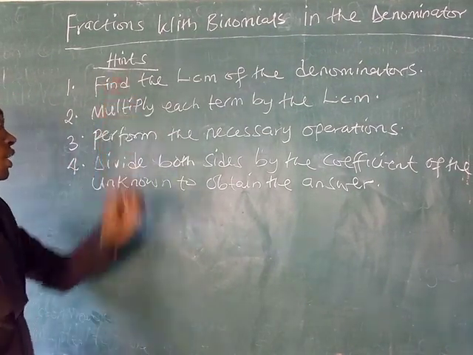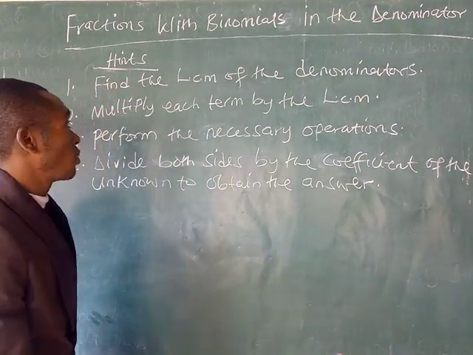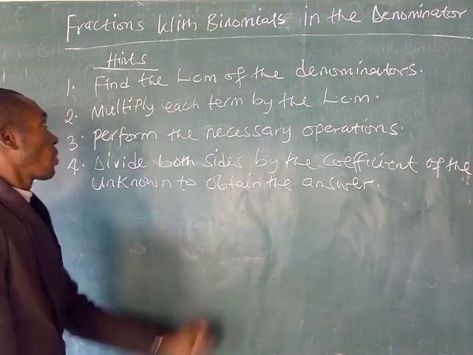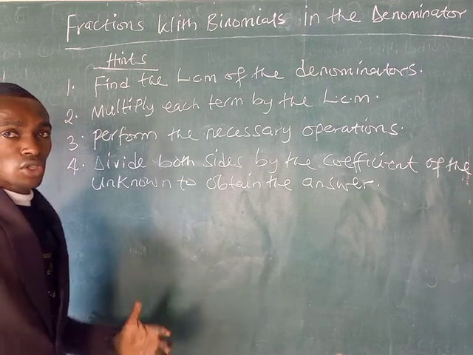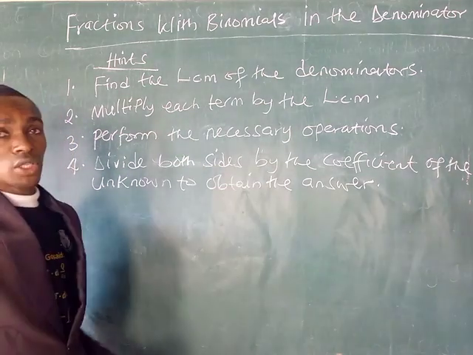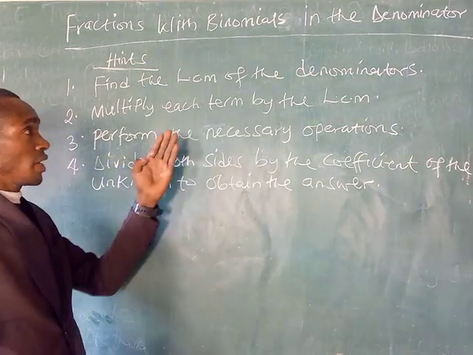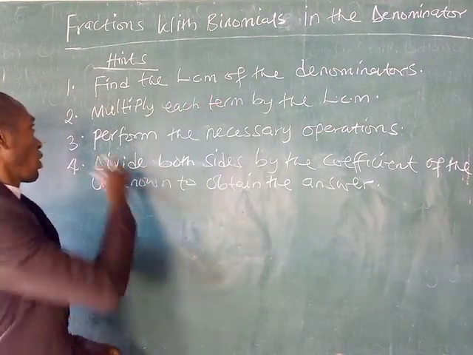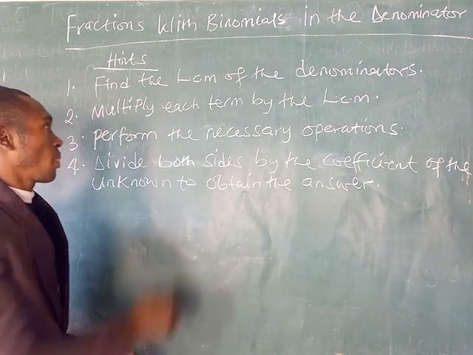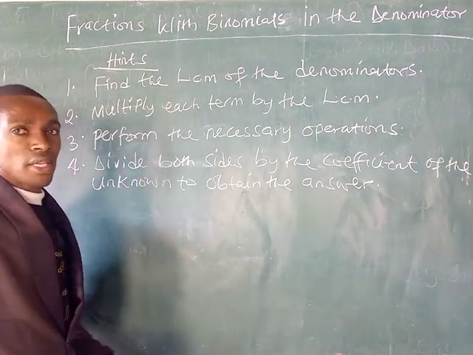Now, there are hints here that will help us to be able to solve any question that is related to that. The first hint is anytime you have such a problem, what you have to do is to find the LCM of the denominators. Number 2, multiply each term by the LCM.